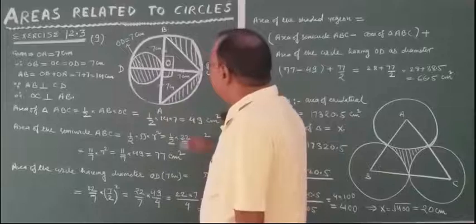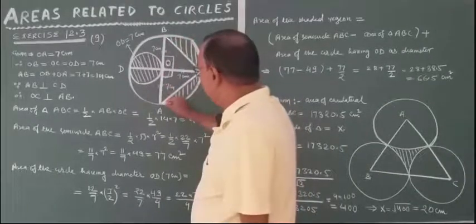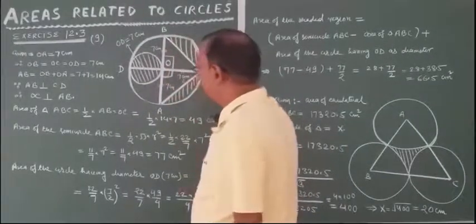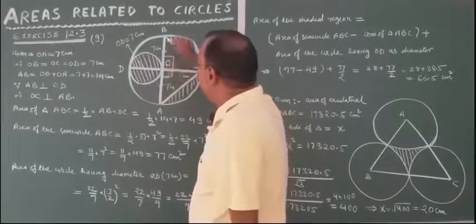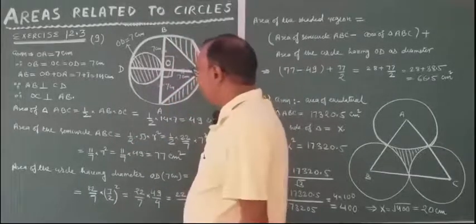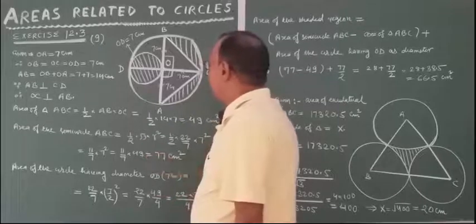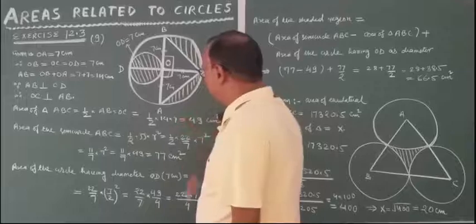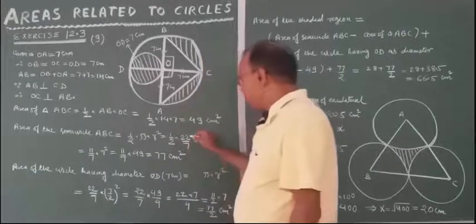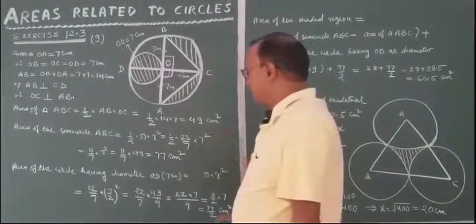Now area of the semicircle ABC. That will be pi r square upon 2, or 1 upon 2 pi r square. What is the radius here? 7 centimeter. So 1 upon 2 into pi, which is 22 upon 7, into 7 square.